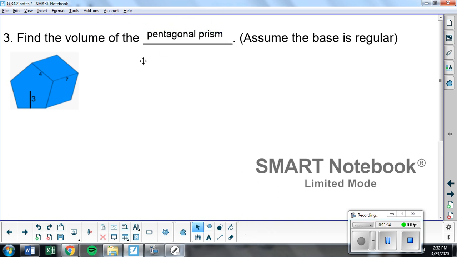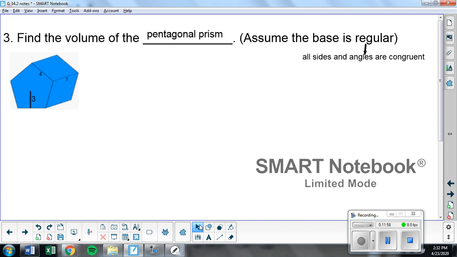Assume the base is regular. So assume this pentagon is regular. What's regular mean? All sides and angles are congruent. So this pentagon, this side is 4, 4, 4, 4, and 4. That's what that means. You'll need to know that.